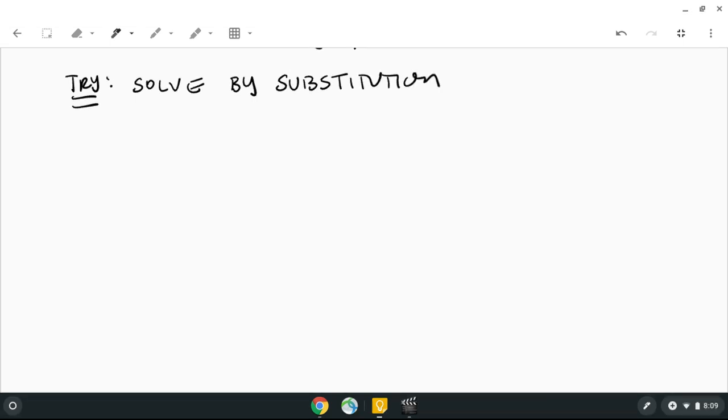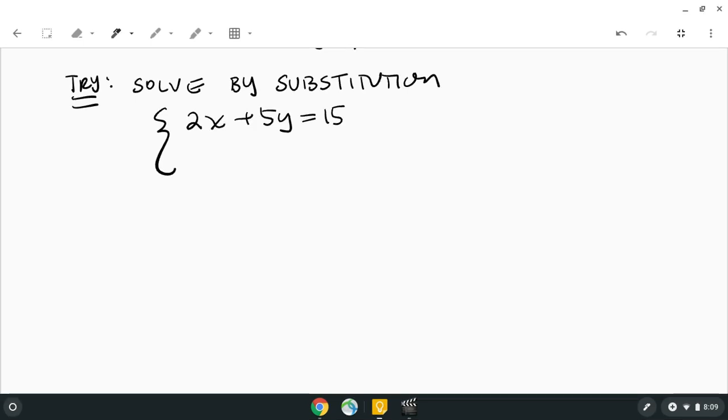Suppose these are my equations: 2x plus 5y equals 15, and 4x plus y equals 21. You'll have to rewrite one of them. Hopefully you can look at it and see which would be easiest to rewrite. I'll let you go ahead and do it. Hit the pause button and come back when you're done.